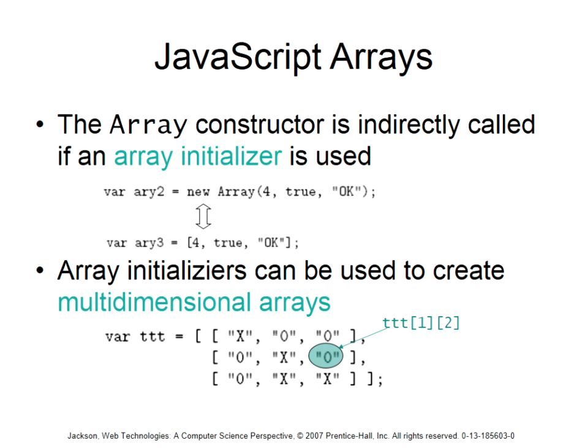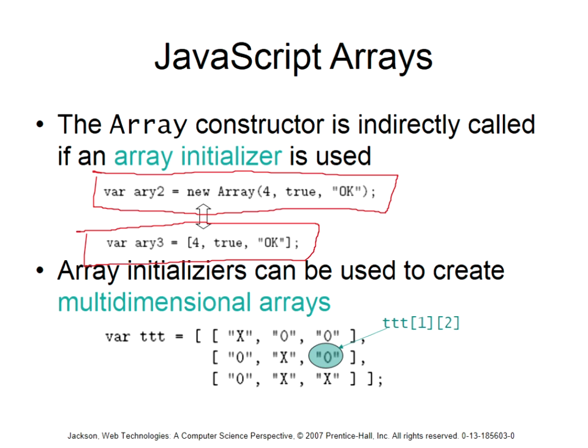So this is a second manner to create an array. We can use this manner or this one. So I can write a variable array3 = [4, true, 'ok']. This is a matrix, a multidimensional array with rows and columns.